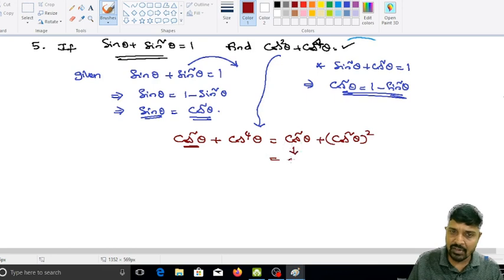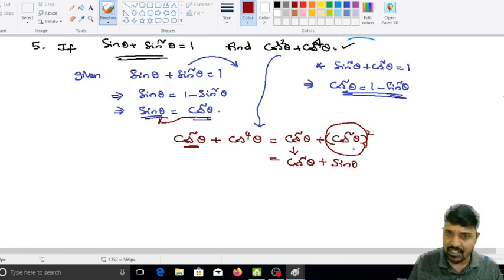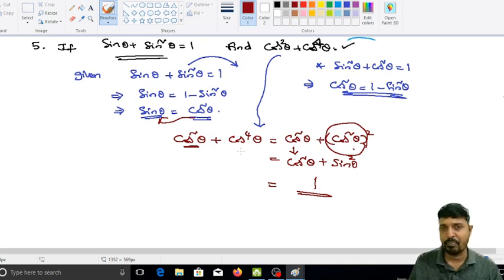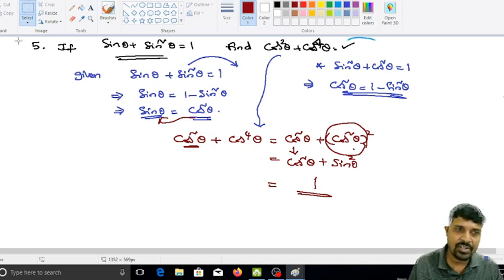So this cos square theta as it is, I am writing here, plus in the place of cos square theta, can I write sin theta? So it is going to become sin theta, and square is there, that's why it is going to become square. So you tell me what is the value of cos square theta plus sin square theta? 1. So the answer is 1. Isn't it easy? Okay, I'll go for the next one.